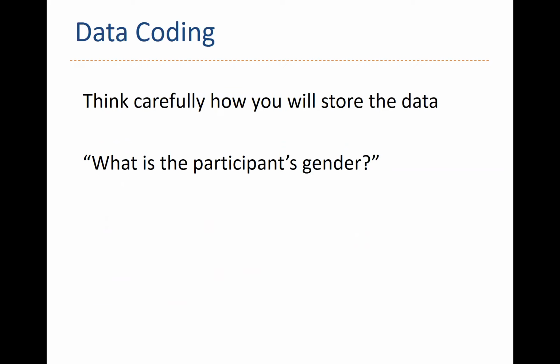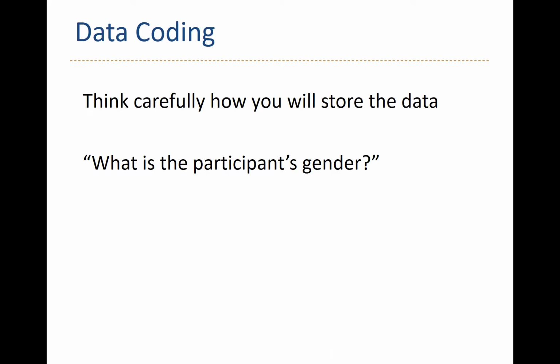And then really anticipate what it is that you need to know with a given variable that you're collecting, and anticipate what the conceivable variations are that you could get. And obviously, with questions like, what is the participant's gender? Thinking simplistically that that's male or female is not going to work for most settings. So think about what it is that I actually want to know.